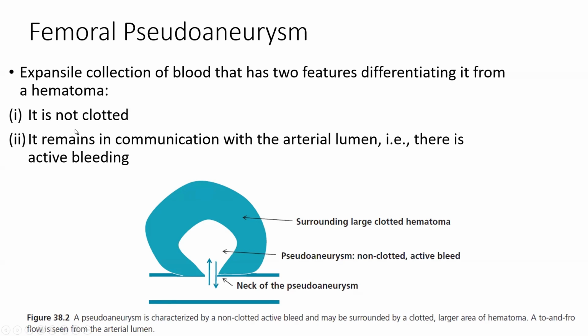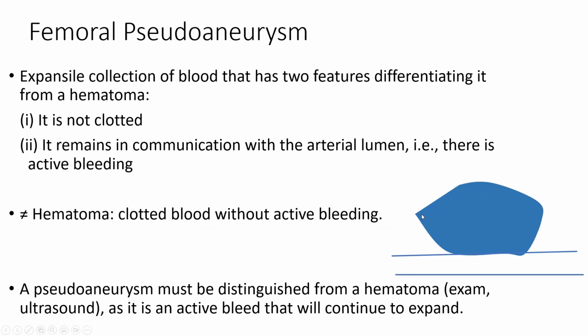That is the definition. It's an expansile, non-contained collection of blood that has two features differentiating it from a hematoma. It is not clotted, and it remains in communication with the arterial lumen, meaning there is an active bleeding. This is a hematoma.